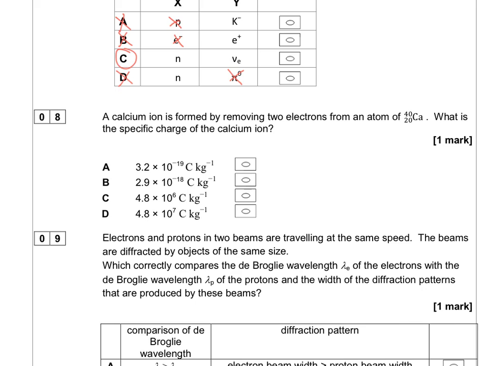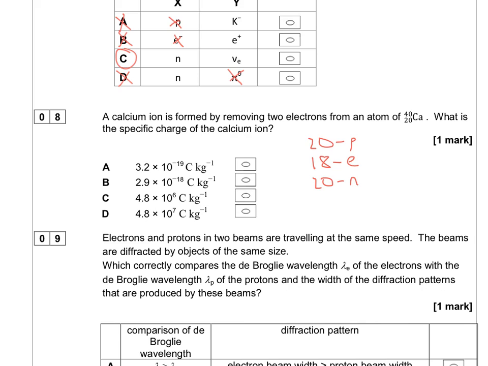A calcium ion is formed by removing 2 electrons from an atom of 40,20 Ca. What is the specific charge? What we've got is 20 protons, we've removed 2 electrons, so we've got 18, and then we've got 20 neutrons.